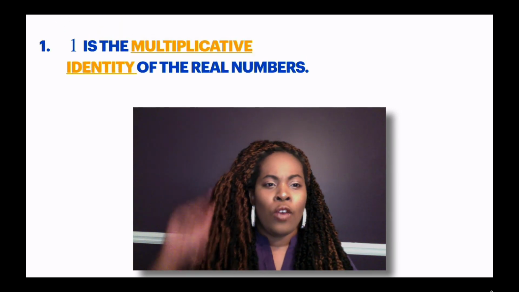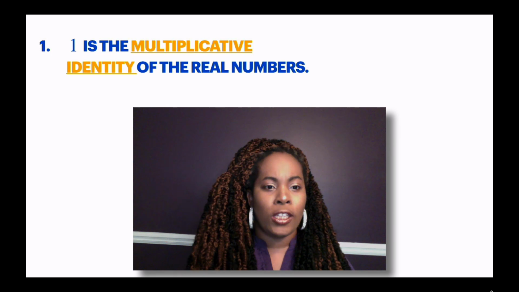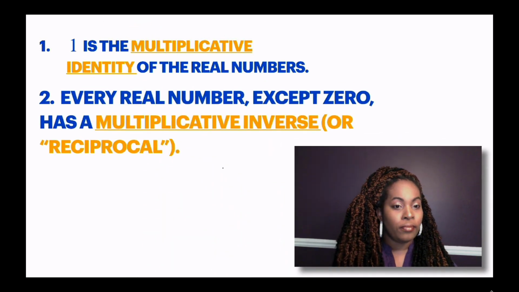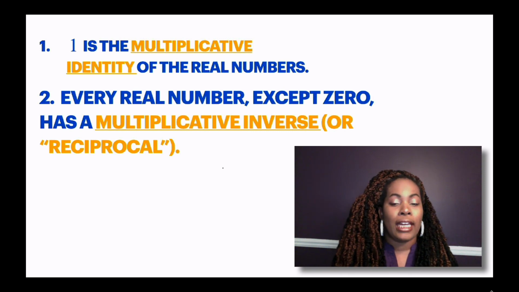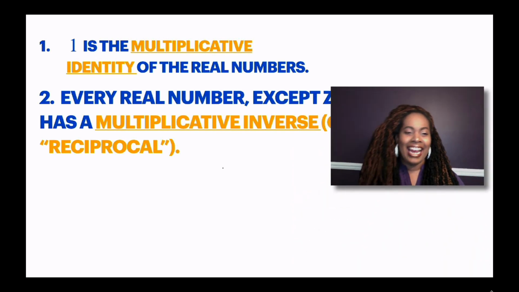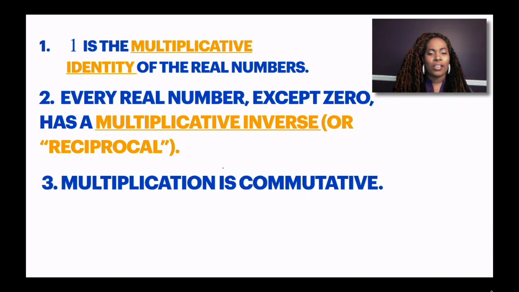So here we go. Let's talk about those basics. The number 1 is the multiplicative identity of the real numbers. Point number 2, every real number except 0 has a multiplicative inverse or reciprocal. Flip it. And then number 3, multiplication is commutative.